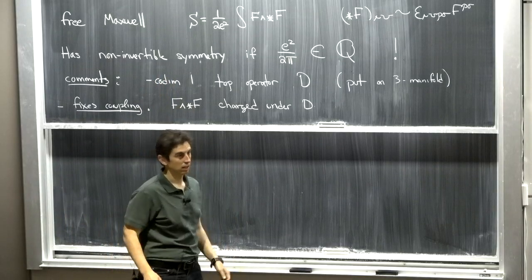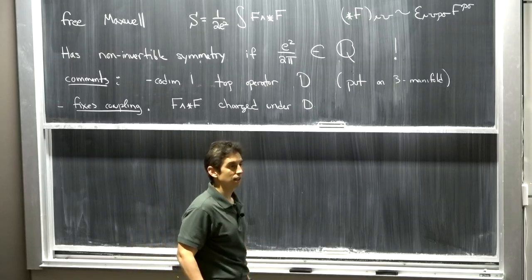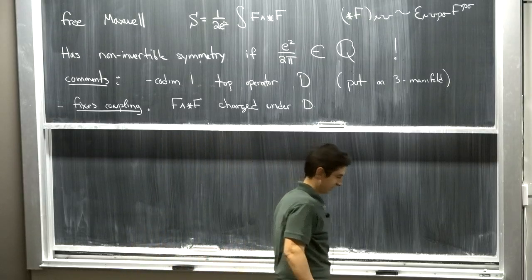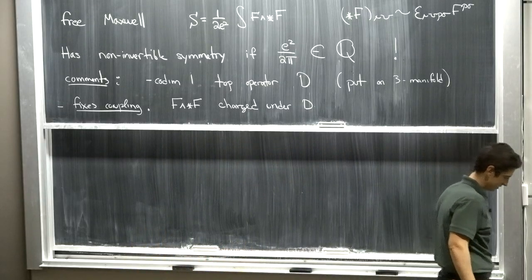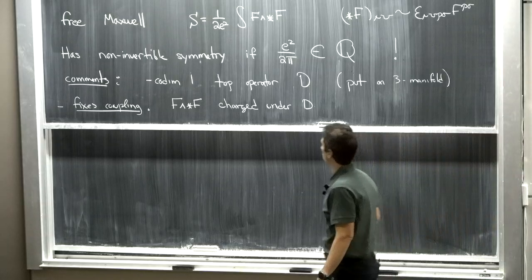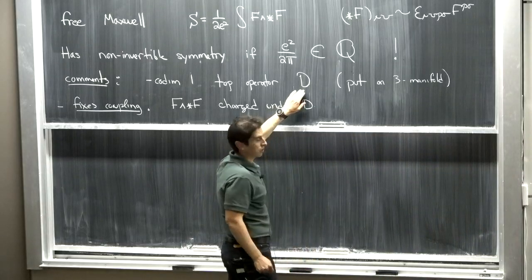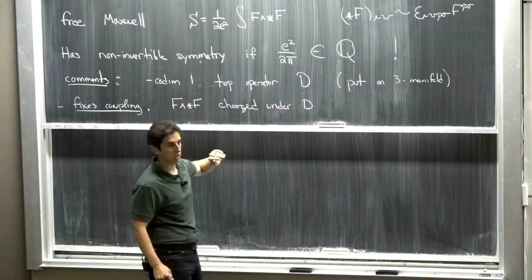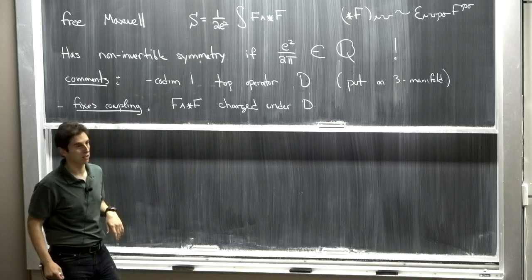Yes? How should you think about whether you can determine e squared over 2 pi is rational? Well, the conservation of this operator predicts very special degeneracies of the theory.